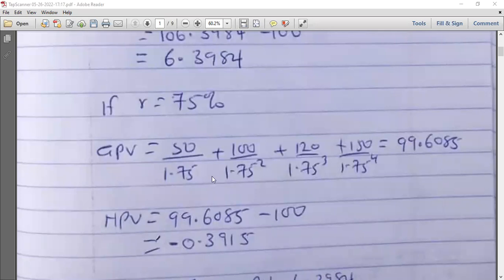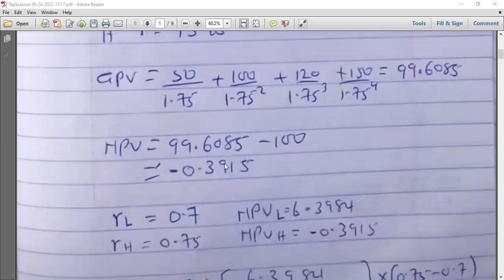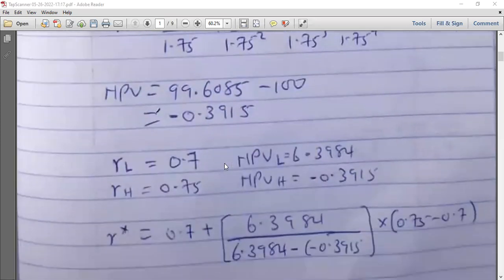Okay, so now we've been able to get one positive and one negative. From here we have to use the formula, and I'm sure you all have that. RL is the lower interest rate that you picked. That is 0.7. NPVL is the net present value for the lower interest rate. So here, this is what we got. And then RH is the higher interest rate that we picked.